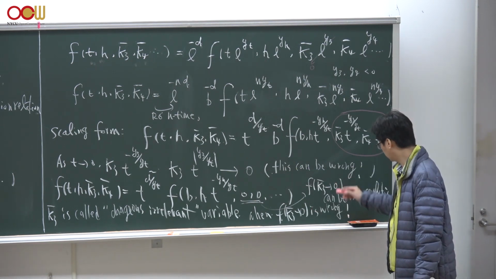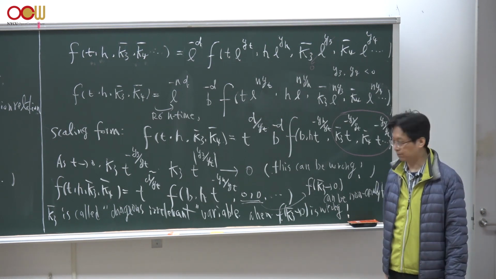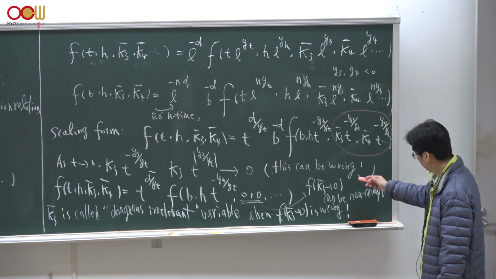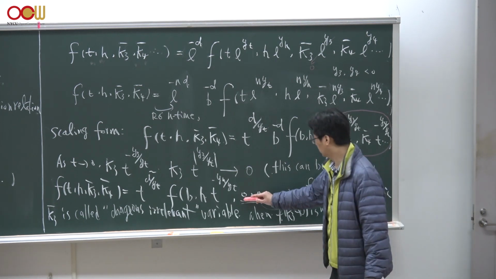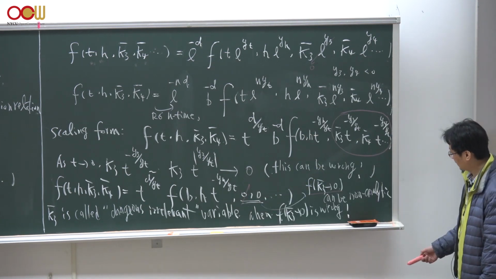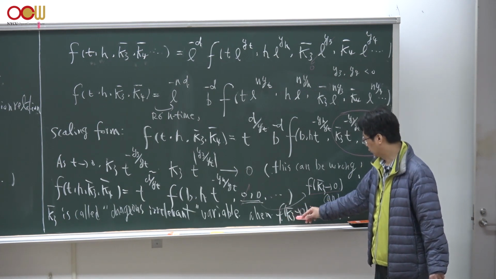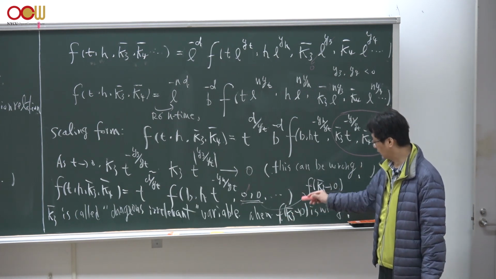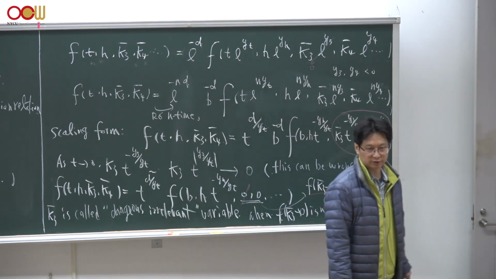So it does not approach just a constant or 0 or some non-singular value. If it is a singular value when K3 goes to 0, you could not just ignore it. And when that happens, when the free energy density as a function of K3 becomes singular, we call this K3 a dangerous irrelevant variable.